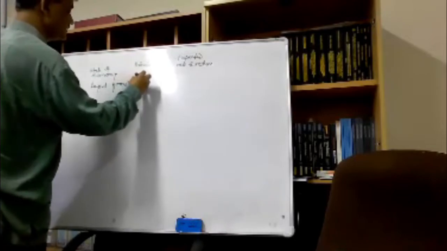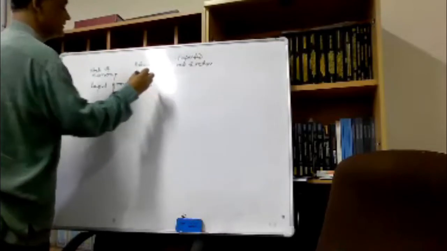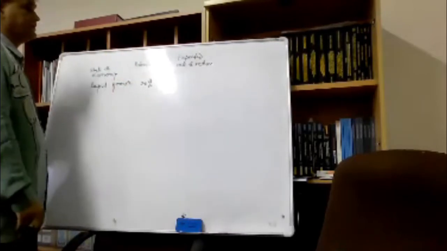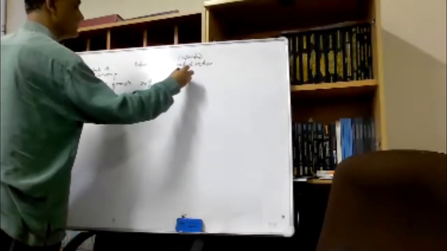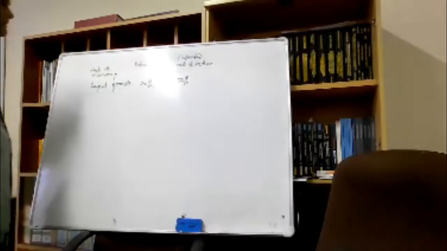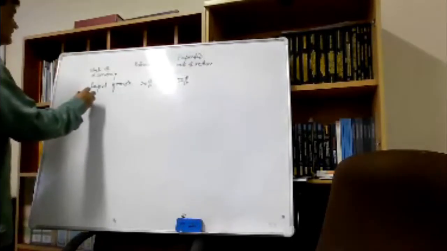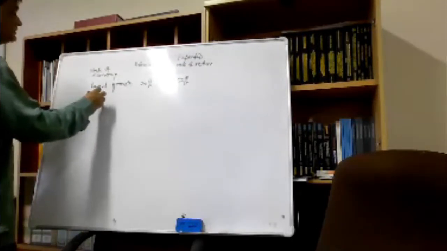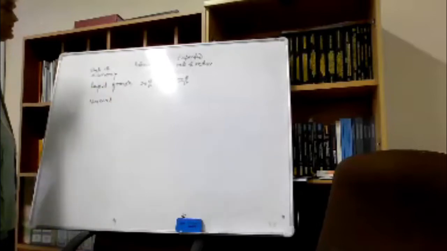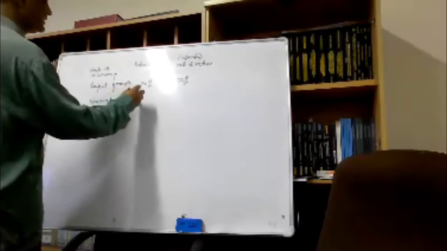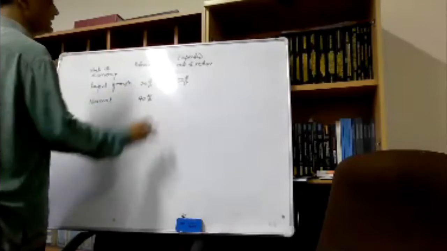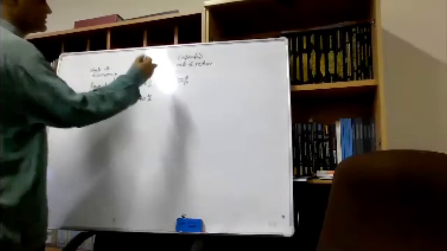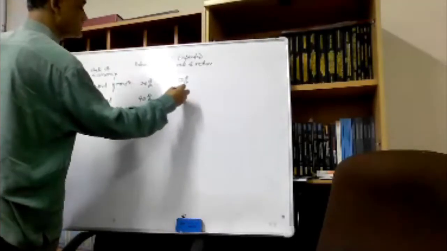The probability is only 20%. And if that happens, your expected return is, say, for example, 50%. And if the economy is in a normal situation, the probability of the economy being normal, say, for example, 40%, and your expected return if it's normal, say, for example, 30%.